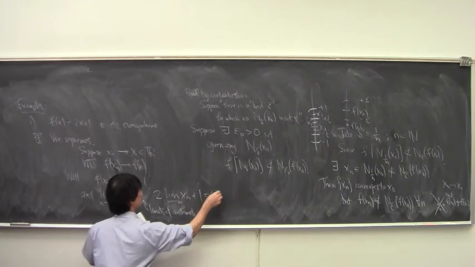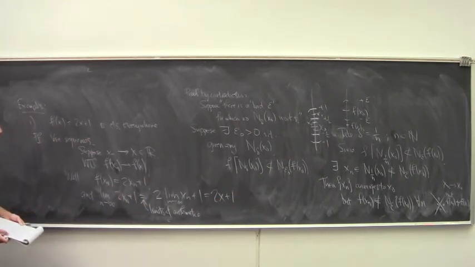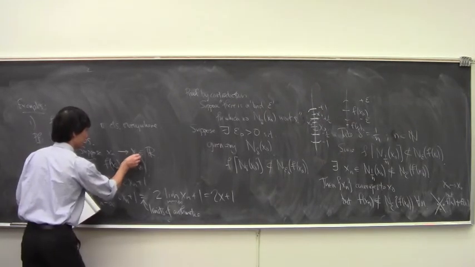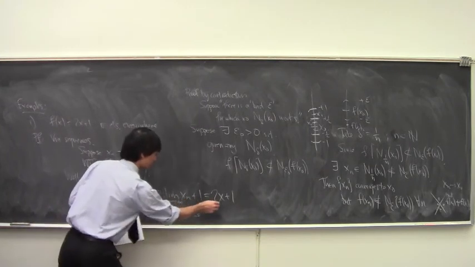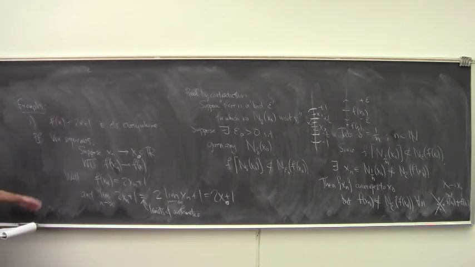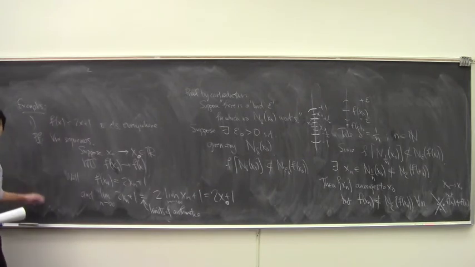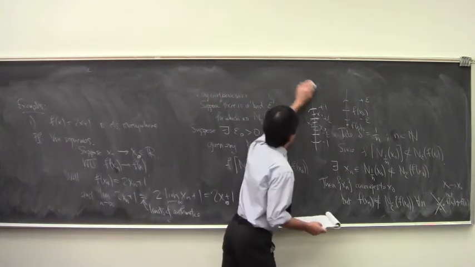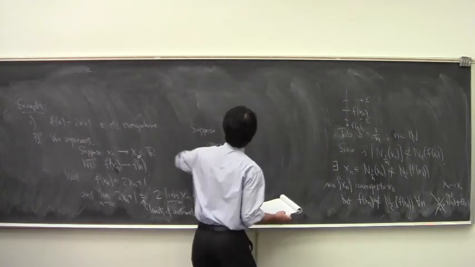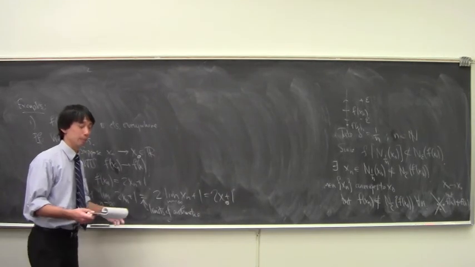Well, that's going to be 2x plus 1. Maybe I should keep the notation consistent. So that would be the end. We've proven sequential continuity for this function. That would be one way of proving it, and we're using the machinery that we built earlier, the limits and arithmetic.